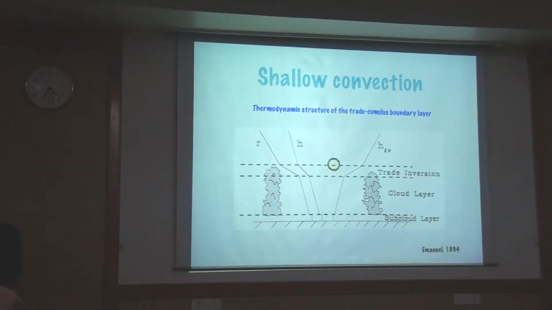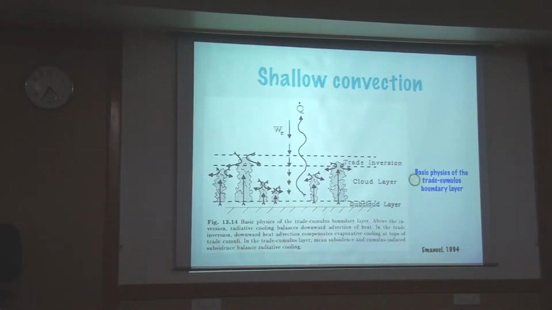So if you think of this as temperature, or theta V, there's a very strong temperature inversion at the top of the cloud layer. And this is maintained by subsidence, which is part of the Hadley circulation, of course, if you think of the trade winds, right? So the balance between the terms is that you actually have subsidence. The subsidence above this inversion is completely balanced by radiative cooling.